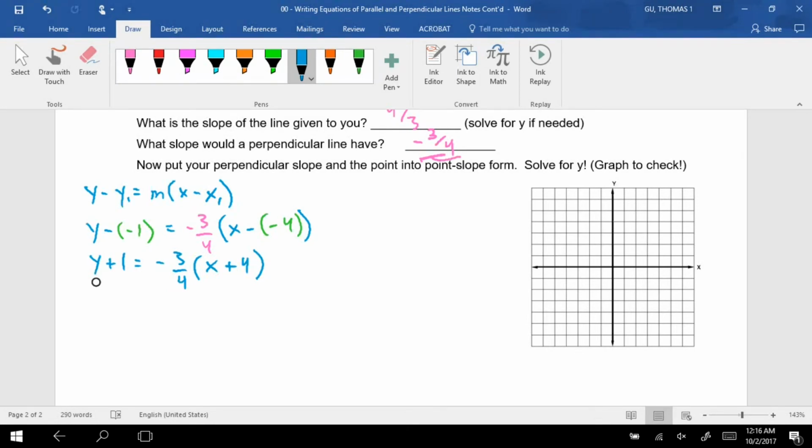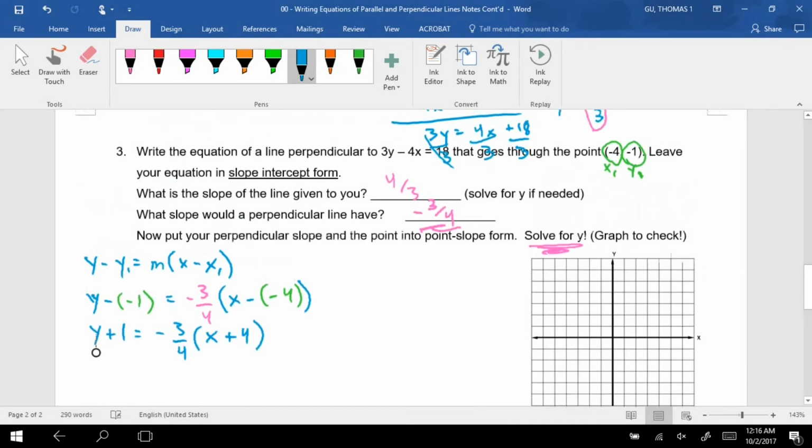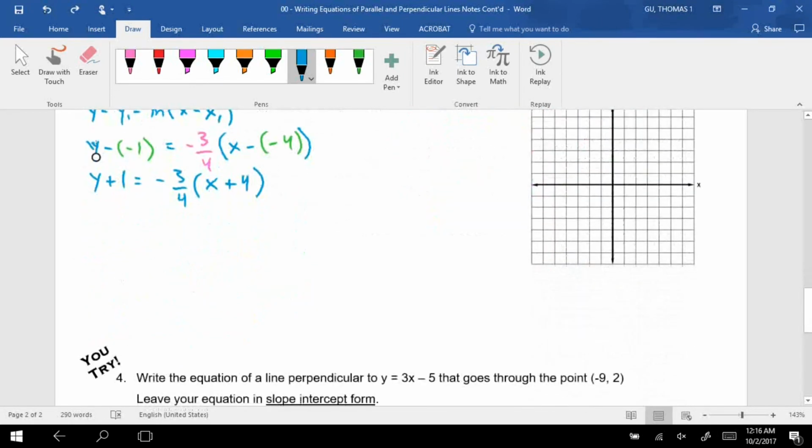And then it tells us to solve for y for our new equation. First things first, we're going to distribute. So y plus 1 equals, what's negative 3 over 4 times x? We're distributing, remember? So negative 3 over 4 times x, all we have to do is tag on the x, negative 3 over 4x, plus negative 3 over 4 times 4. But we want the 4 in fraction form, so we're going to stick it over a 1. Now, what's negative 3 times 4?